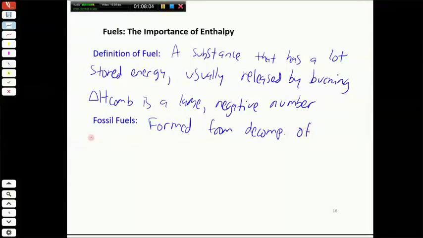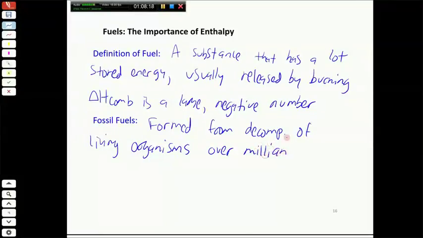So when living organisms die, over very long processes, the material, primarily the carbon and hydrogen and a little bit of oxygen that made them up, is converted into fuels that are then buried in the ground, and we dig them up and use them for our everyday life. So it takes millions of years to form fossil fuels. That's the key point that we want to emphasize, is that they take a long time to form, and most of the fuels that we use today would be classified as fossil fuels.